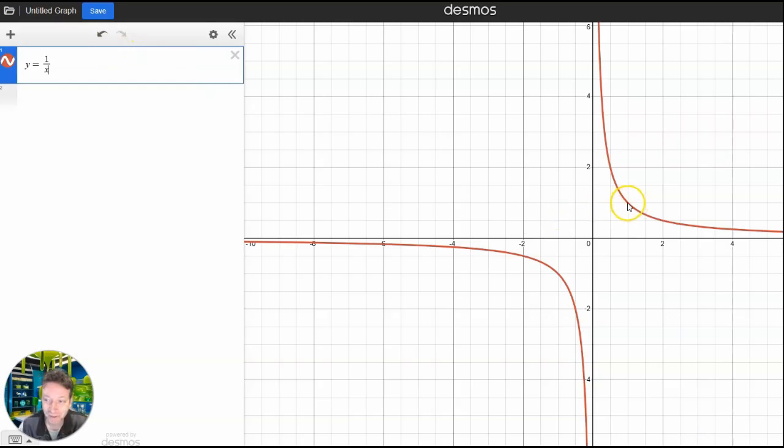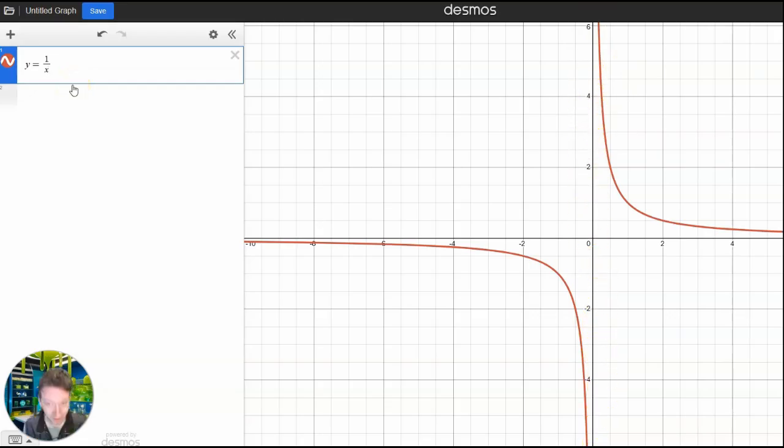You'll notice it goes through the points here. 1 and 1, there we go. And here are the points -1 and -1. And then you also have our horizontal asymptote at y equals 0 and our vertical asymptote at x equals 0.